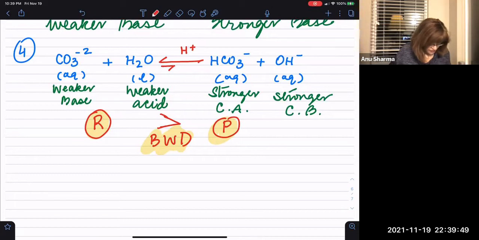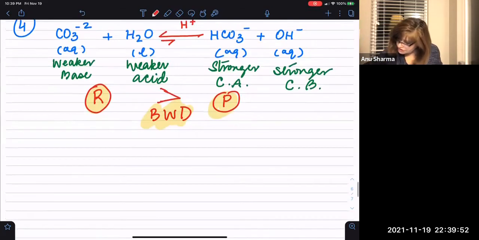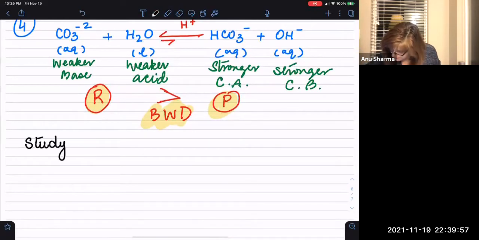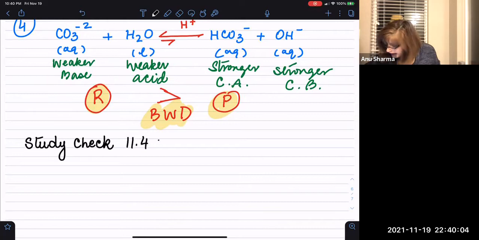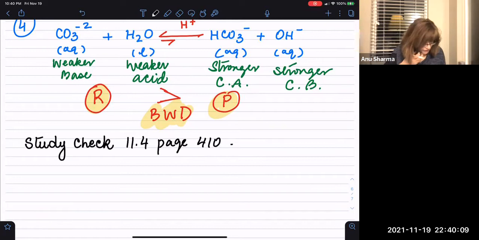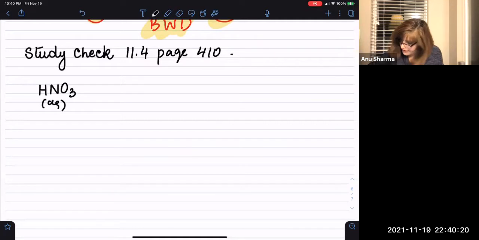Okay, let me just do one more, which is a study check problem. Study check 11.4, and this is page 410. Here you're given nitric acid, HNO3 aqueous, reacting with H2O, which is liquid.